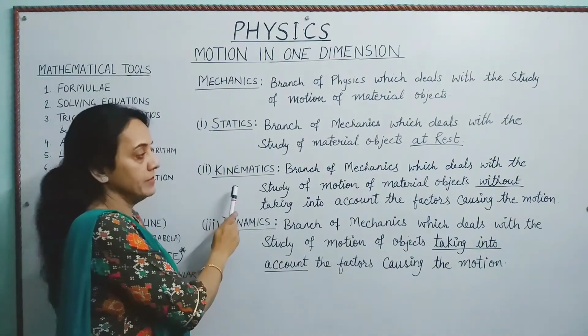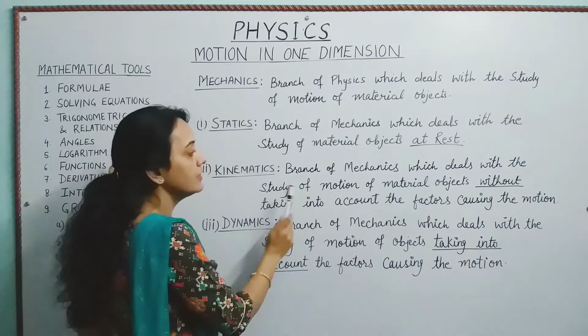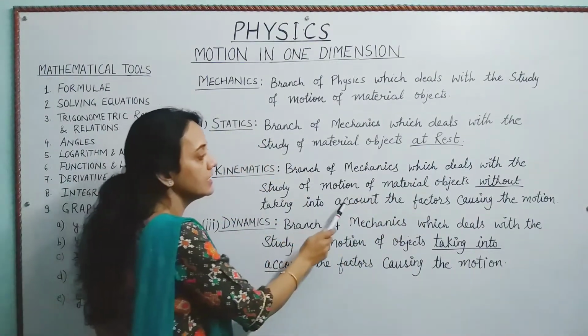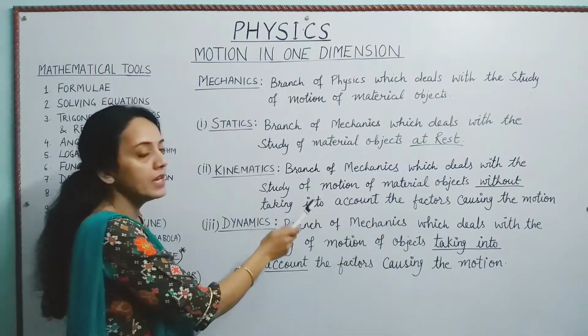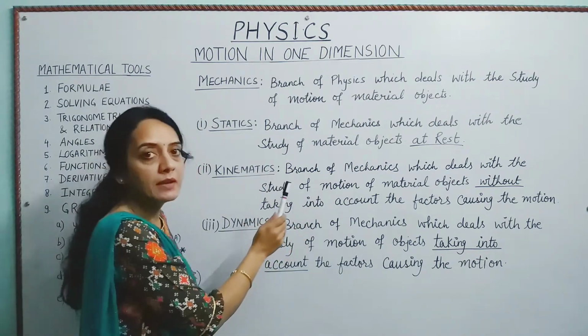Then, kinematics, the branch of mechanics which deals with the study of motion of material objects without taking into account the factors causing the motion. That means here we are only dealing with the equations of motion.